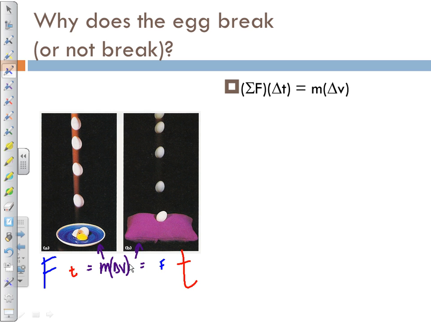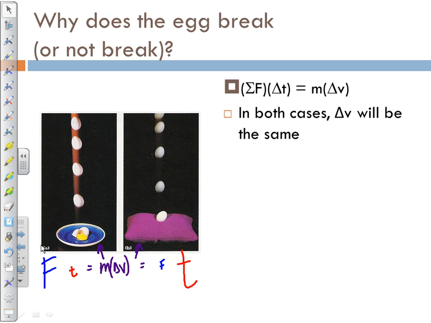So in this case here, right, to summarize this, in both cases, delta V is going to be exactly the same. The change in momentum of both of these eggs is exactly the same, regardless of how it happens. When that is the case, and this is generally when you're stopping. We see this a lot mostly when something is stopping, because we know ultimately we're going to end up stopped.